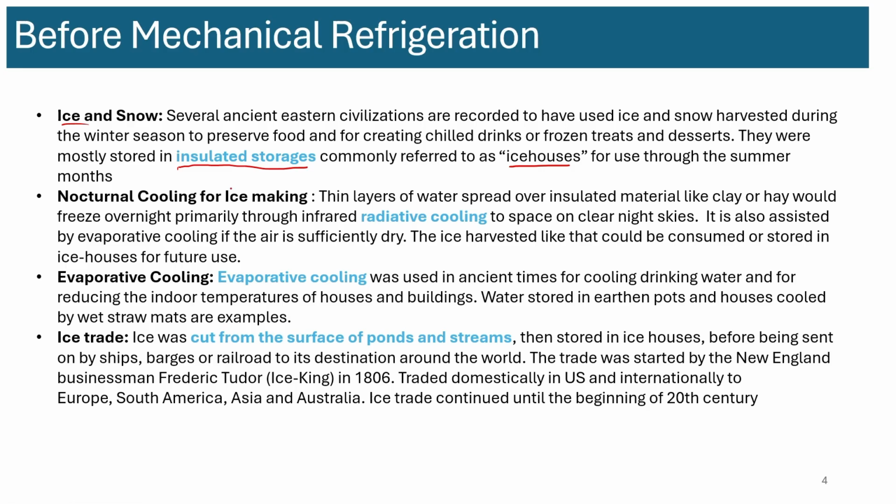The other method was nocturnal cooling. What is nocturnal? Nocturnal means night, right? It happens in the night. What happens in the night that helps with ice making? This is especially true if the night sky is clear.